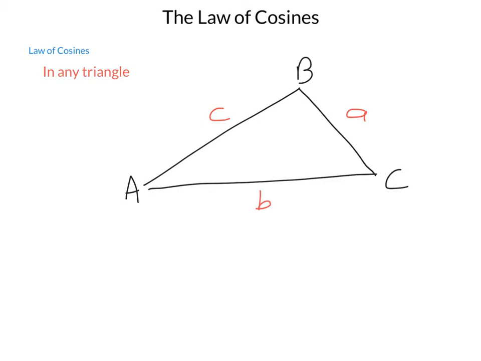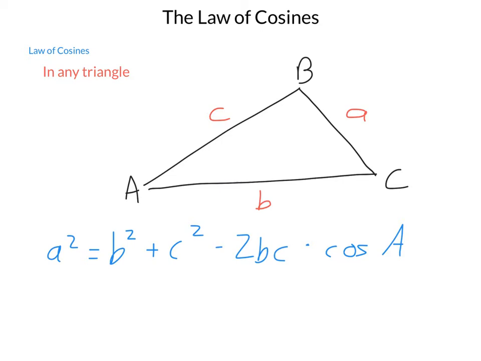So one version for this triangle of our law of cosines states that a squared equals b squared plus c squared minus 2bc times the cosine of angle A.